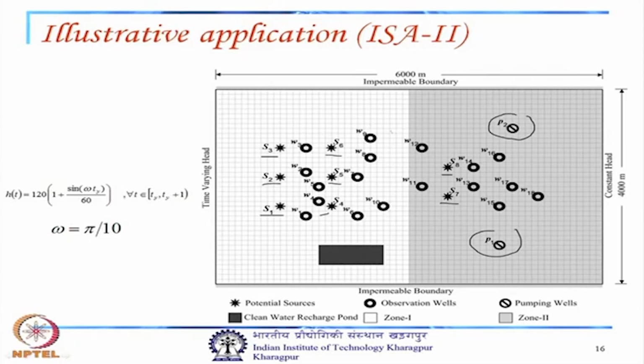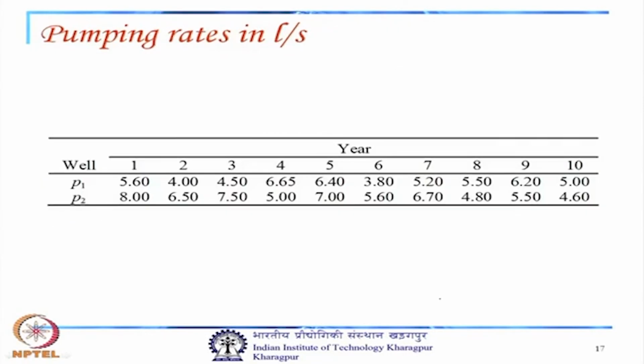We have a two zone case here, and we have a clean recharge pond, we have zone 1, then zone 2, and this HT is a time varying head, which is defined like this, and this is a constant head, and these two boundaries are impermeable boundaries.